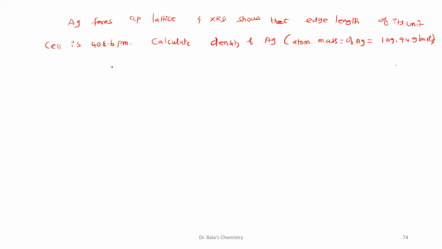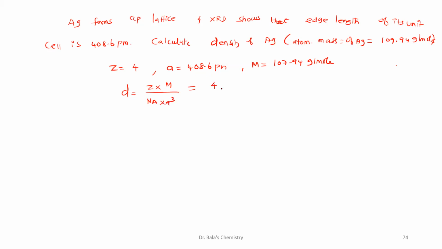So then straight away we can calculate Z value. We know that is 4, and we know that edge length A is 408.6 picometer. Then atomic mass also they given, that is 107.94 gram per mole. So we know the formula for calculating density, that is density equals Z into M divided by Avogadro number into A cube.